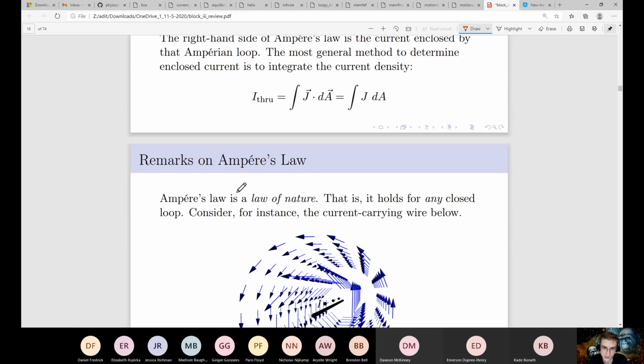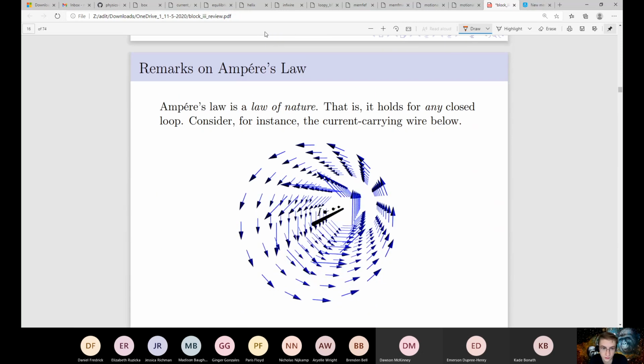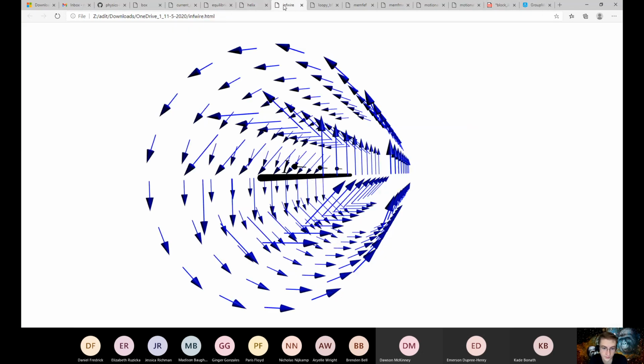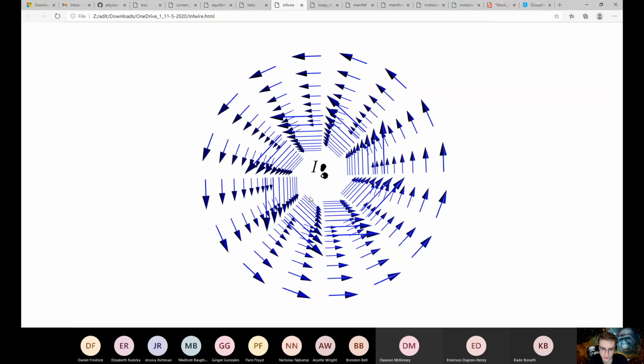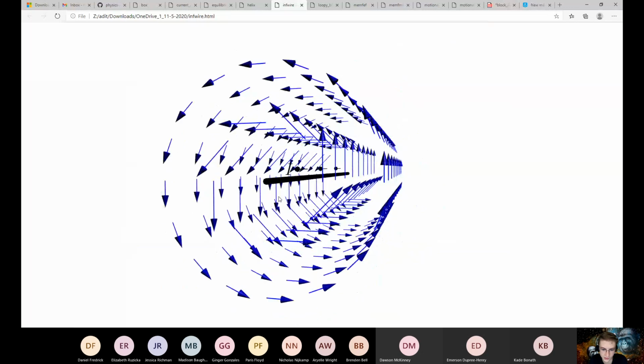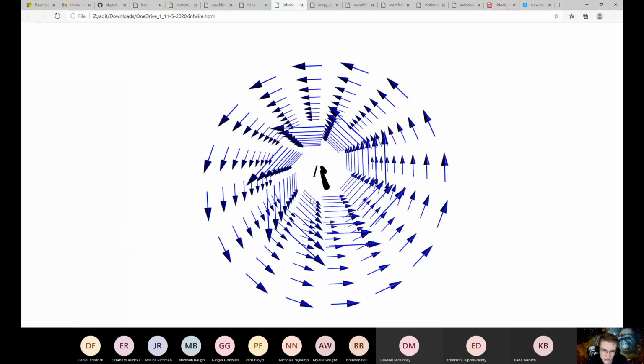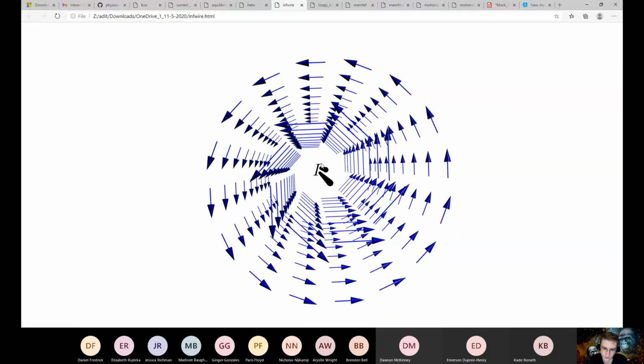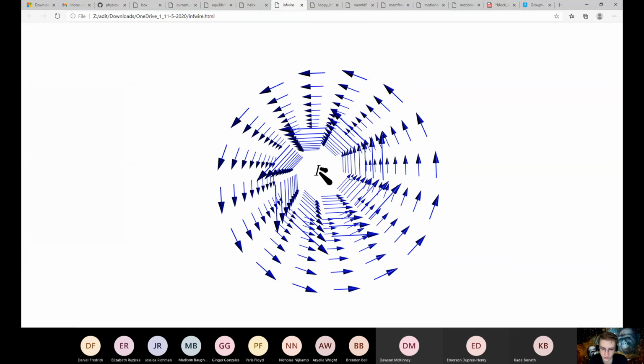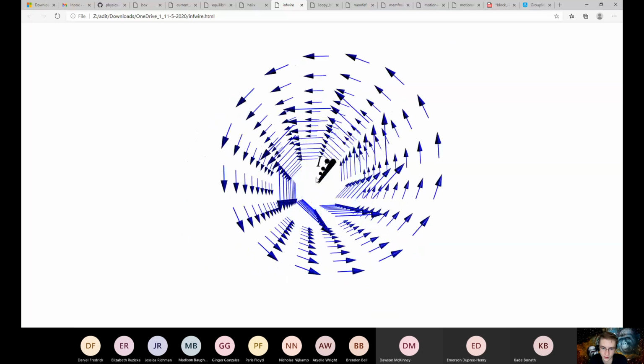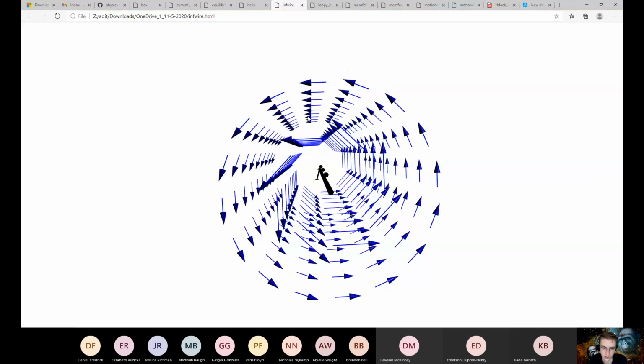What's nice about all these problems is that the appropriate symmetry arguments hold. This diagram applies to just a current carrying wire, but it's the same principle even if it isn't just a thin wire and it has some thicker radius A. We still have this curly B field going around it, and no matter how I draw my circular Amperian loop, my dl vectors are parallel to my B field vectors.